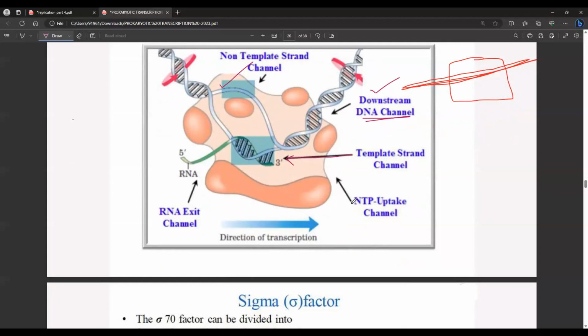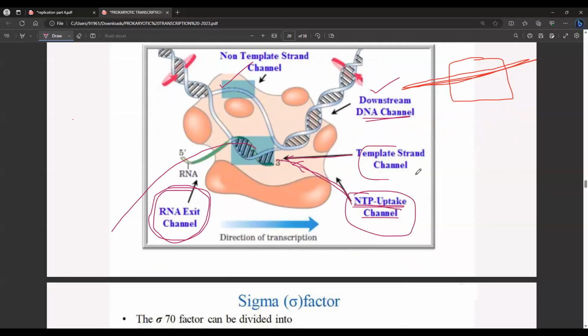Correct? So in which direction will nucleotides be added? You can see this, the nucleotide triphosphate uptake channel. Like this, nucleotides will be added, and RNA comes out in this direction. That's why it is called the RNA exit channel. Exit channel, nucleotide adding channel, template strand, non-template strand.